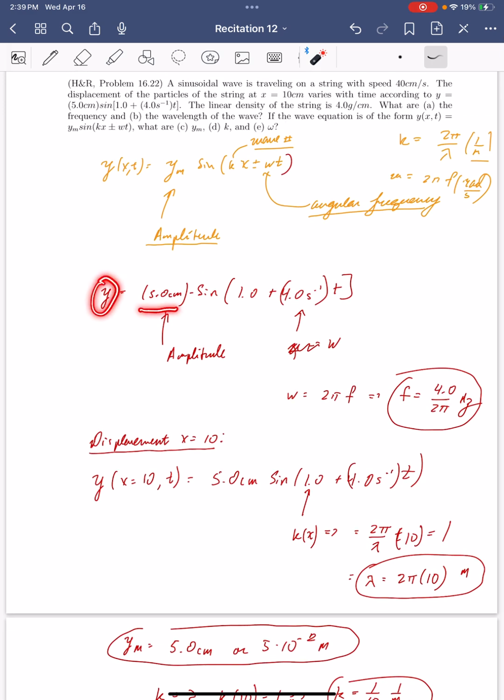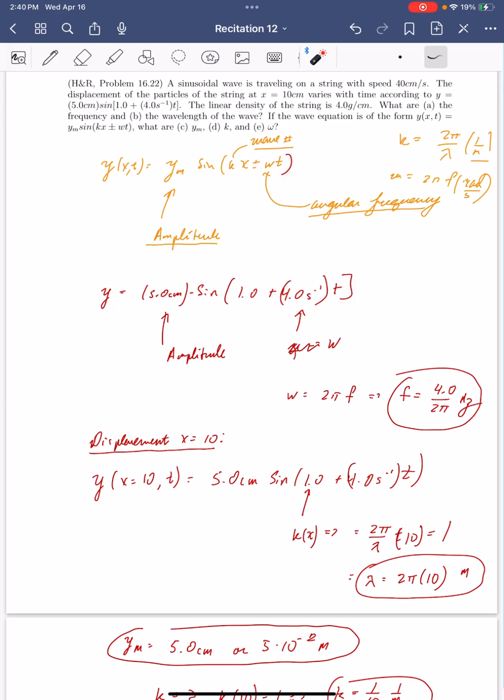So let's look at the equation they give us. I've just copied it down right here, exactly as the problem statement says. We can see that the amplitude using this formula is just 5 centimeters. There's something funky going on here, but we see 4 times t, that's the same as w times t.